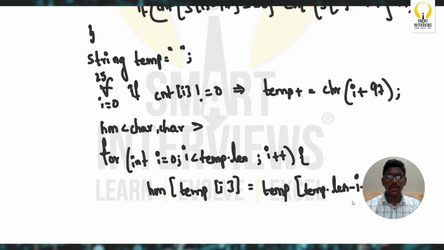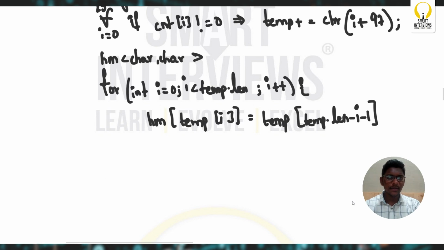So this is how you map it in the hash map. Now you just need to compute the answer. Okay, so how will you print the answer?